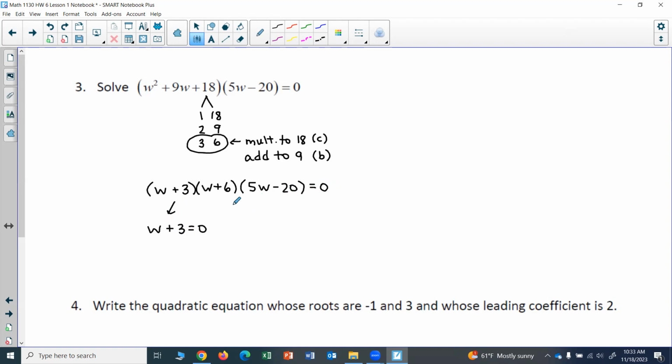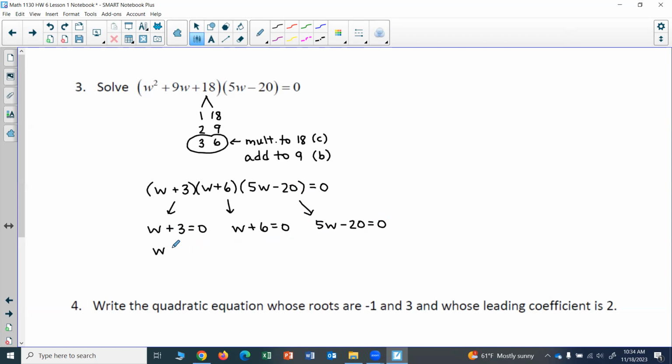So I have w plus 3 equals 0, w plus 6 equals 0, and 5w minus 20 equals 0. Now notice I could have factored out the greatest common factor of 5 from this third set of parentheses, but since I'm just setting it equal to 0 and solving, it was unnecessary in this case.